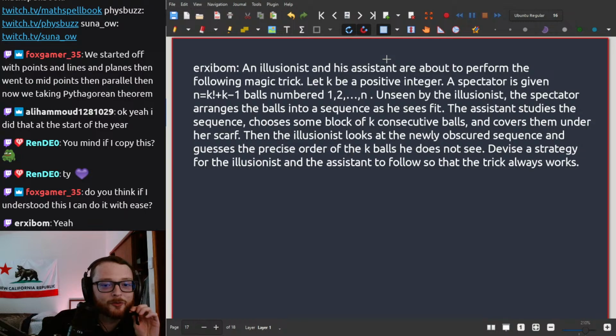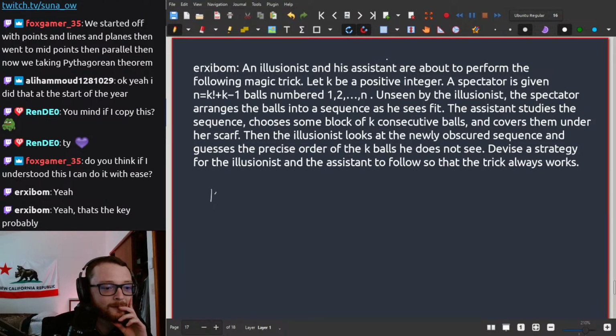Okay, so presumably the assistant would want to cover up, or like, the ones that are uncovered need to say something about the ones that are still covered. Wow, this is very open-ended. We should probably start with a simple, what if k equals 3? Uh, 6 plus 3 minus 1 is 8.